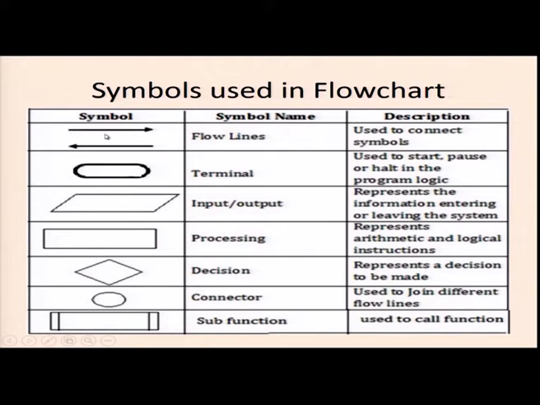Let us now see the symbols used in flowchart. We have a flow line symbol, an arrow marked flow line which is bidirectional. So, these flow lines are used to connect the symbols. We have an oval symbol, also called a shape, and the oval shape is a terminal which is used to start, pause or halt in the program logic.